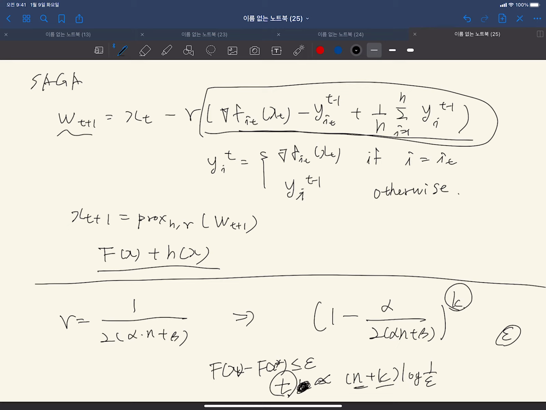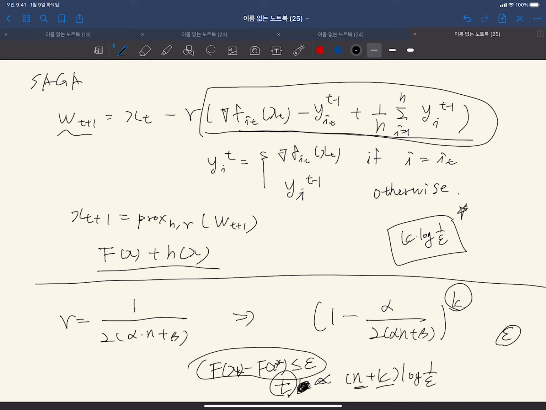But when you compare with the original gradient descent rule, the vanilla gradient descent without any stochastic gradient, when we have an alpha strongly convex and beta smooth function, the convergence speed is roughly kappa times log 1 over epsilon, if you want the same epsilon accuracy.